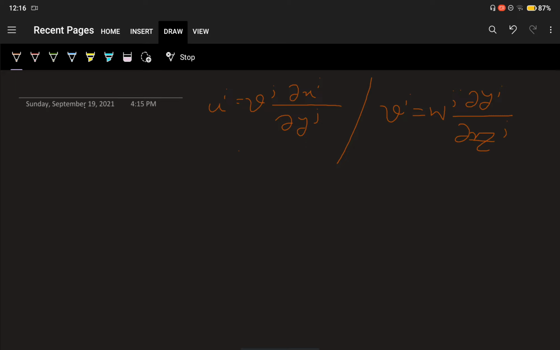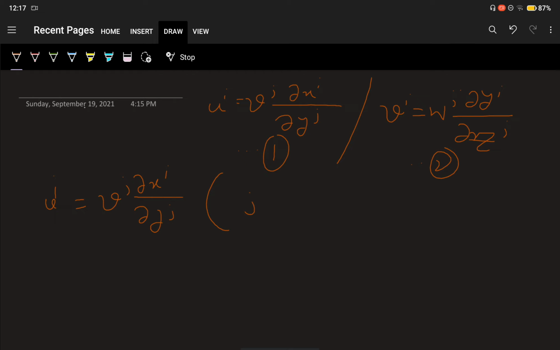So this is the first equation, this is the second equation. Now from equations 1 and 2, we can write ui equals vj del xi divided by del yj. Now changing the dummy indices: dummy indices can be changed to any indices, and that does not matter in the mathematics.